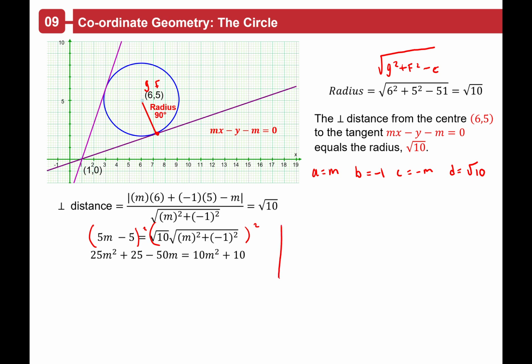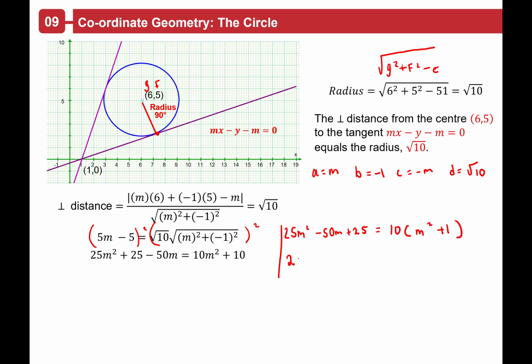So just doing that out here at the side. So this gives me 25m squared minus 50m plus 25 is equal to, squaring both sides leaves me with 10 times m squared plus 1.